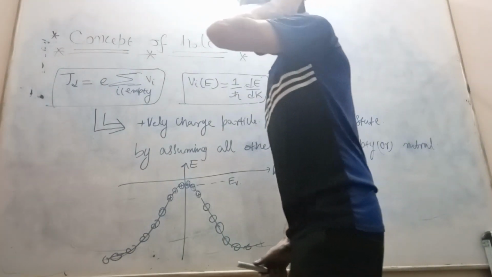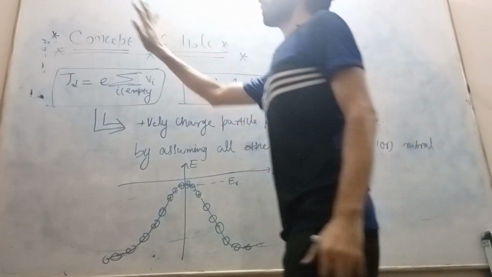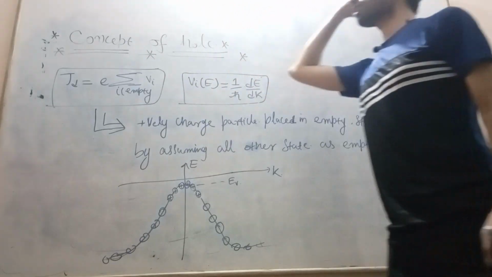Now, when we saw the total drift current, that is due to both electrons and holes.